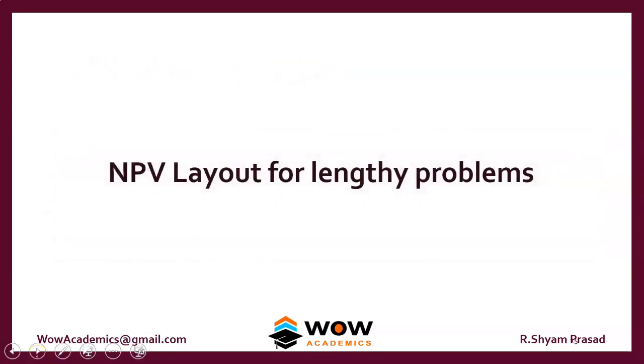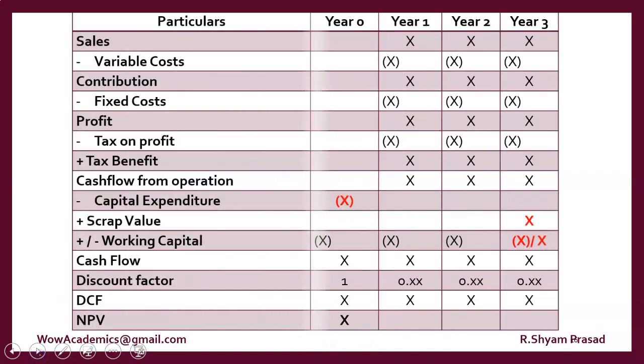So here we look at the NPV layout for a lengthy problem. Usually you have to start with the sales, deduct the variable cost, you will arrive at contribution, then deduct fixed cost, you will arrive at profit, then deduct the tax on profit, add any tax benefit on depreciation if you have. You will arrive at the cash flow from operation, deduct the capital expenditure, add any scrap value if there is any.